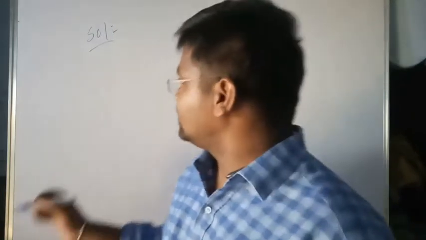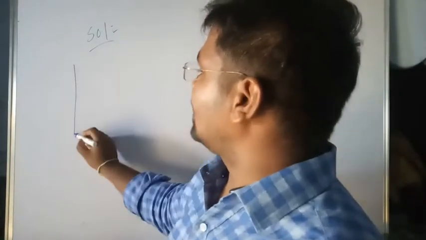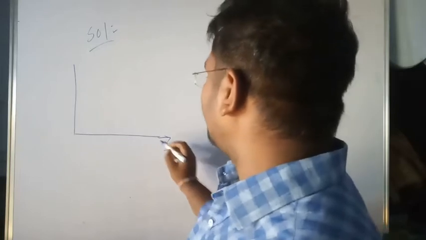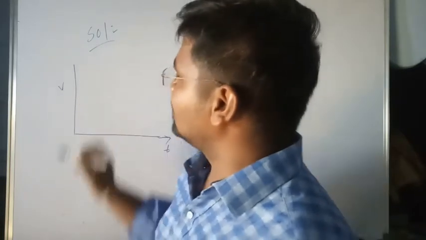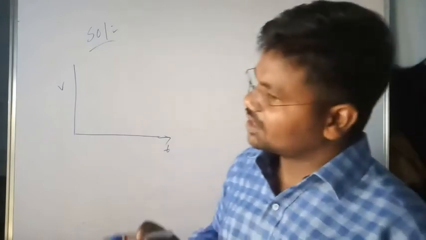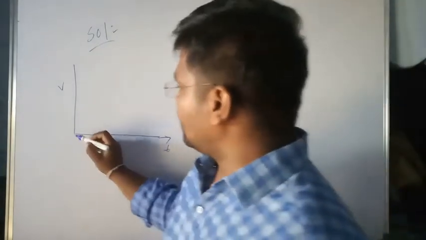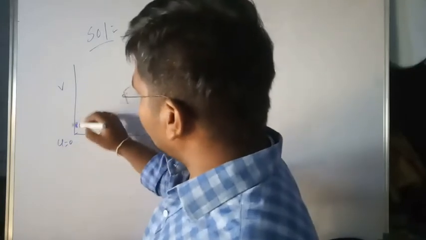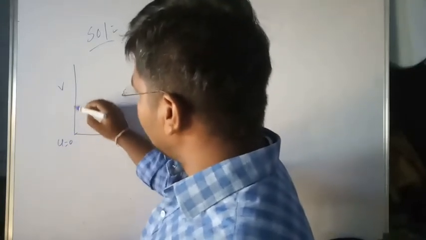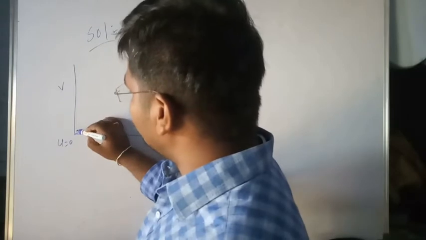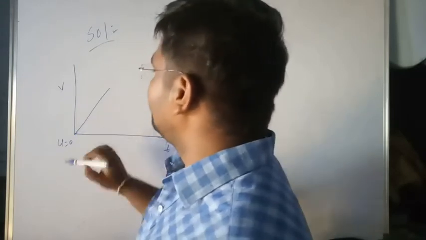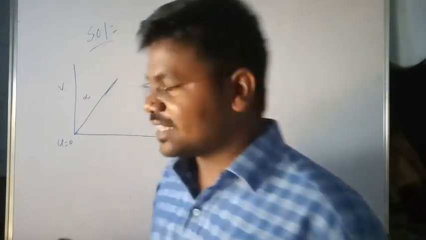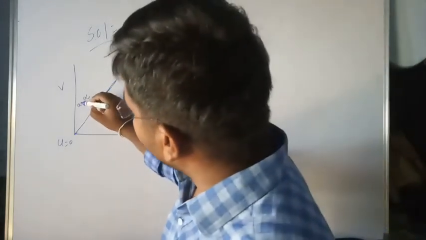Consider a graph, the time and velocity graph. Consider the first situation: the body starts from rest, u is equal to 0. The body changes its velocity with respect to time uniformly, means constant acceleration, denoted alpha. Acceleration a is equal to alpha.